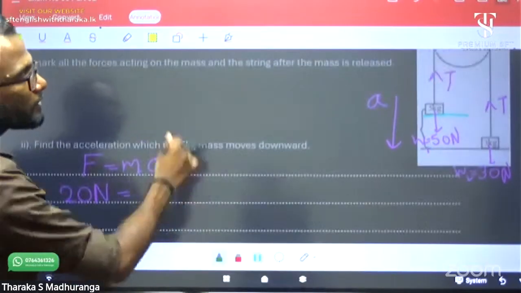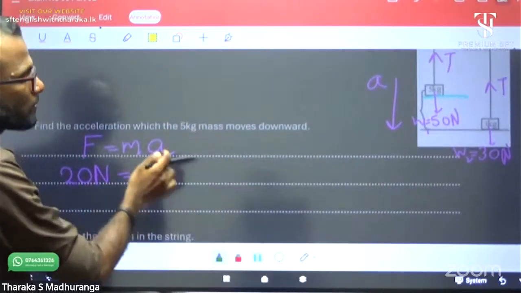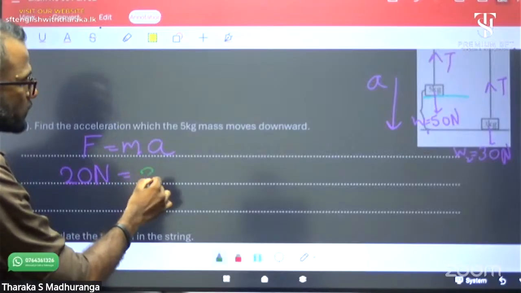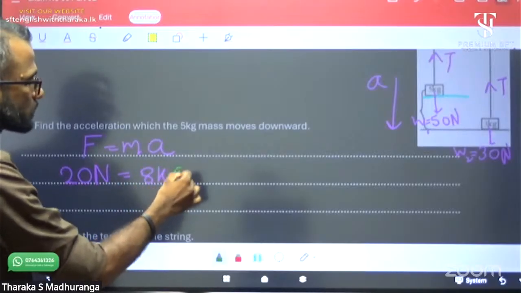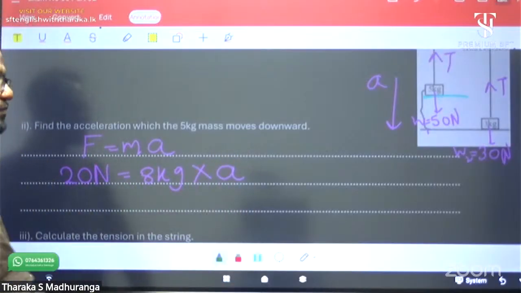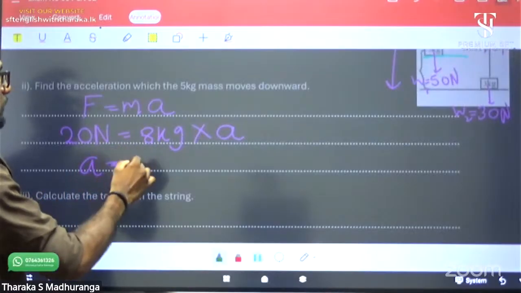The entire mass, the pulley mass we can neglect. 5 plus 3, 8 kilogram. We don't know the acceleration, right? Acceleration equals 20 divided by 8.